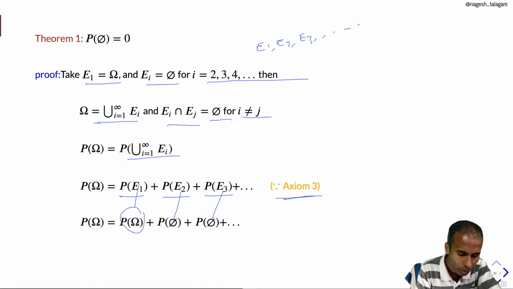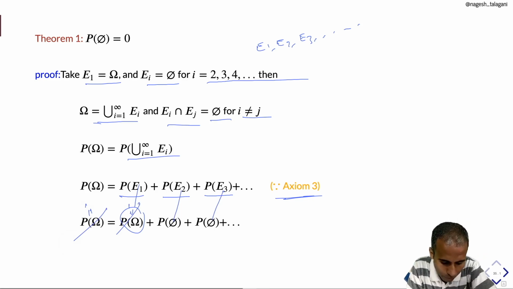And from axiom 2, the probability of omega is going to be 1. So these two cancel. Now we end up with the probability of phi plus probability of phi plus probability of phi and so on. This is equal to 0.